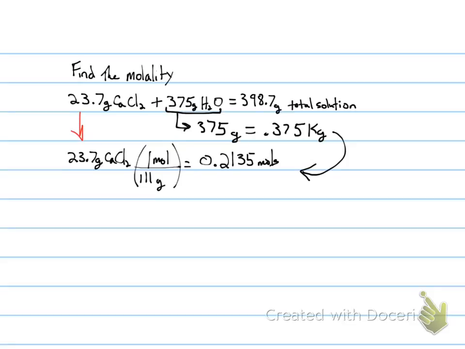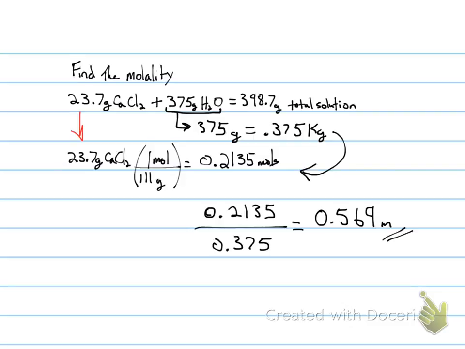Molality is moles, 0.2135, divided by kilograms, 0.375. There we go. That equals 0.569 molality. Done. So just a quick recap. First we converted our solute into moles, then converted the solvent into kilograms, and then divided the two. And that's it.